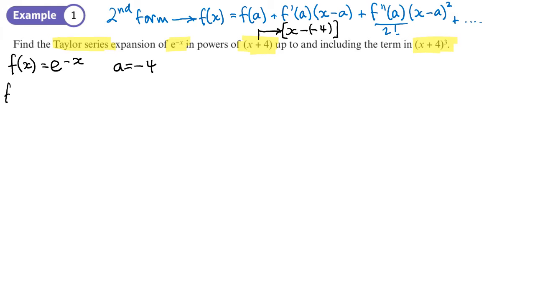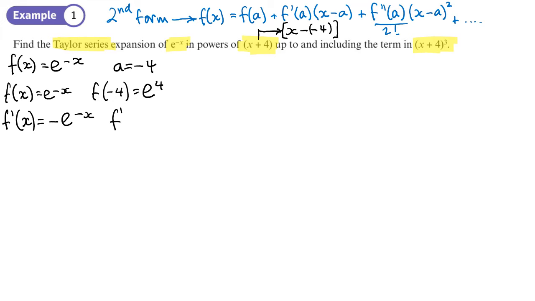Right, so we've got our function, which is e to the minus x. We need to work out the value of that function at a, which is -4. That will give me e to the 4. Now, just like Maclaurin, you need to differentiate and work out its value here at -4, whereas with Maclaurin it would have been working out its value at 0. So I differentiate, I get negative e to the minus x.